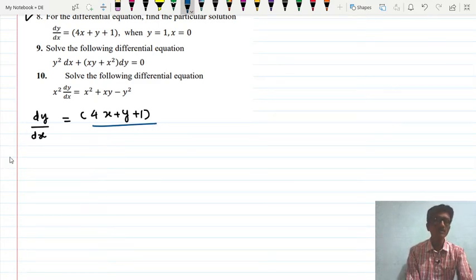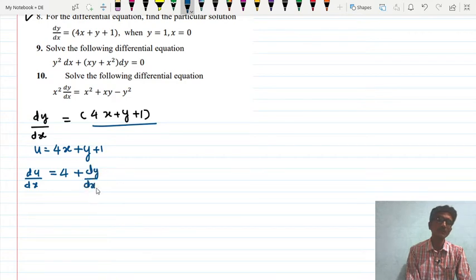So let's substitute this. u is equal to 4x plus y plus 1. du by dx will be equal to what? It is 4 plus dy by dx.